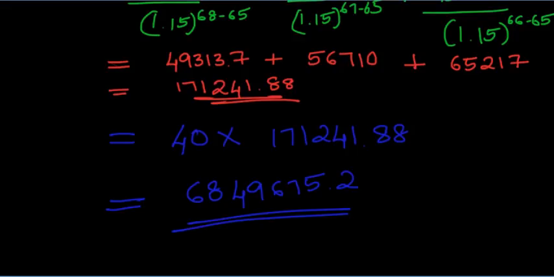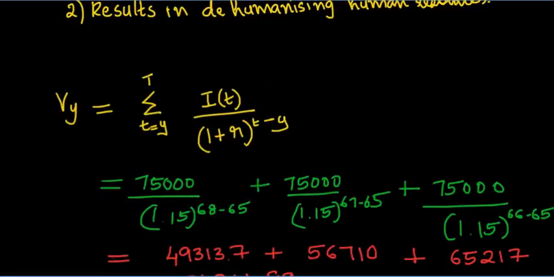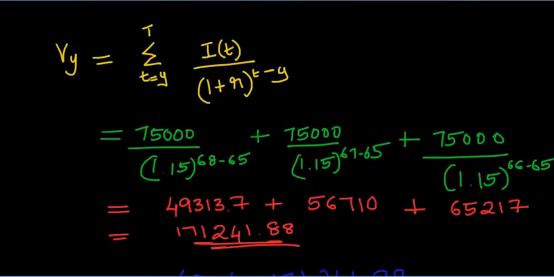Applying this to whole 40 skilled workers, we get the total value as 68,49,675.2. We have assumed in the first part of the answer that we discounted the future earnings of skilled workers, which will be received at the end of 65th year. Hence, the annual earnings are received at the end of 65th, 66th, 67th year, and in the beginning of 68th year they resign.